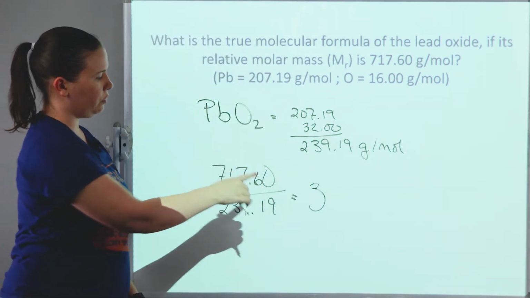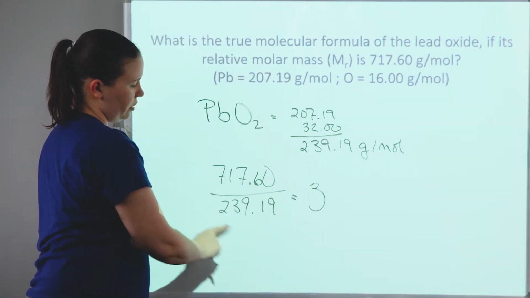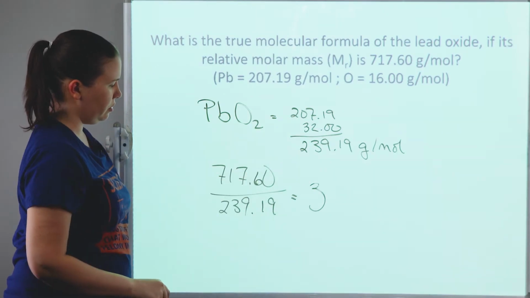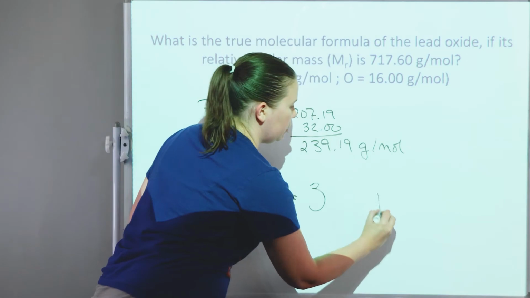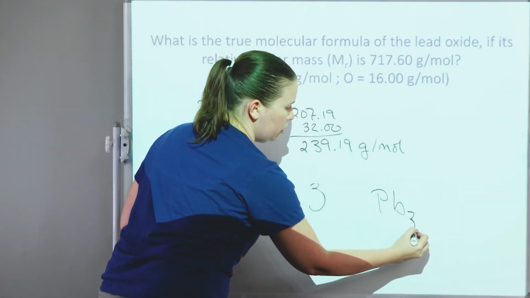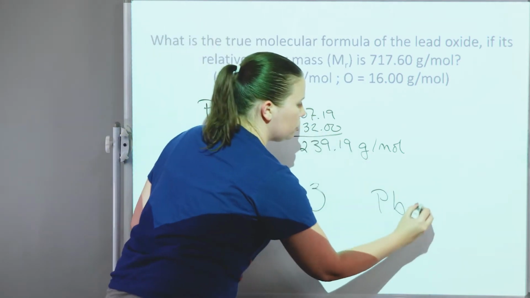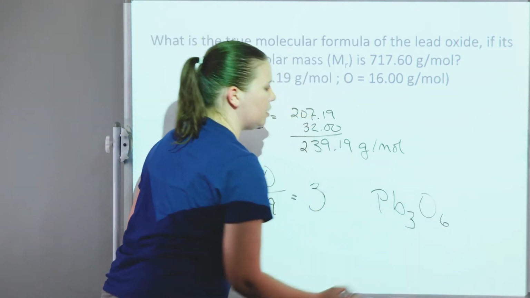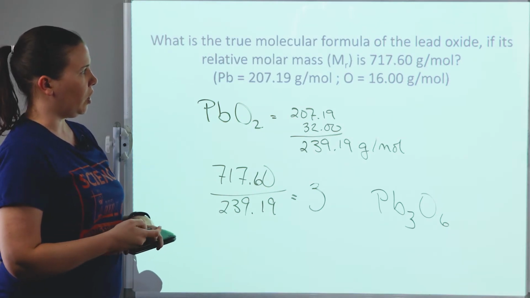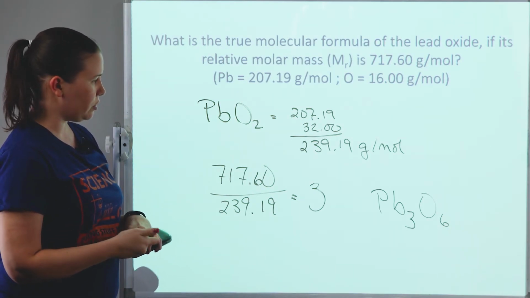So that means there are 3 times as many of this set, which we know equates to 1 lead and 2 oxygen, in order to get to 717. So I have to have 3 times as many leads, 1 becomes 3, and 3 times as many oxygens, so 2 becomes 6. This would be my molecular formula, Pb3O6.